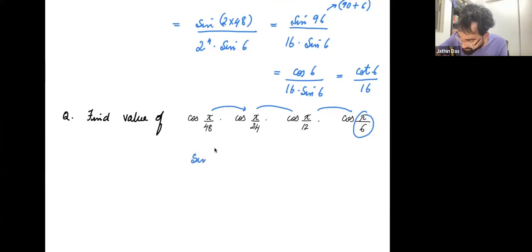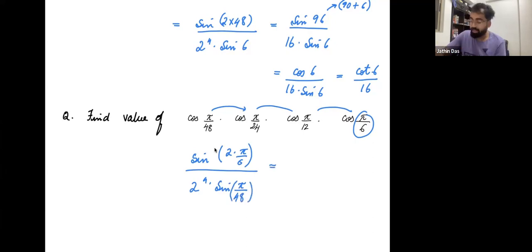So sine 2 times pi by 6 divided by 2 raised to 4 into sine pi by 48. Okay. So the upper one will be sine pi by 3, then divided by 16 into sine pi by 48.